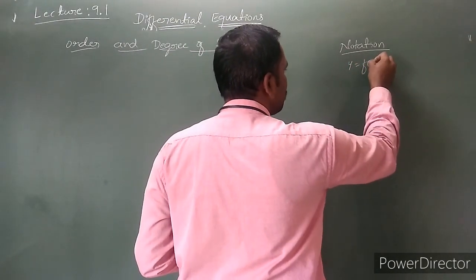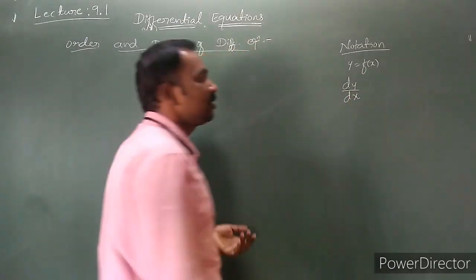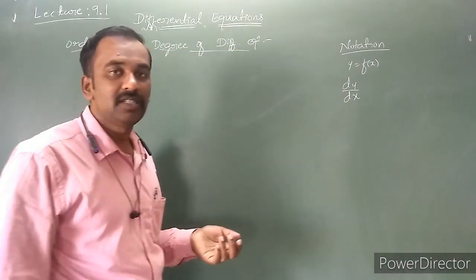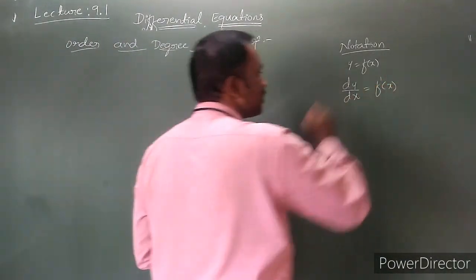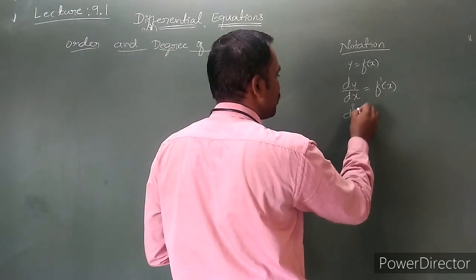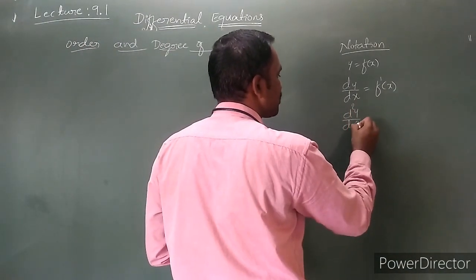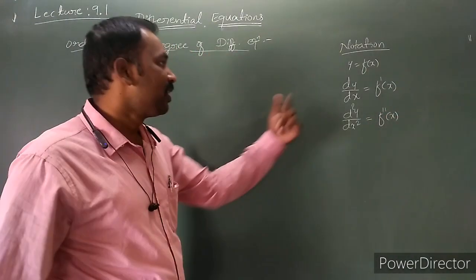Suppose y = f(x), then differentiating with respect to x, y is the dependent variable and x is the independent variable. dy/dx = f'(x). This is said to be a first order derivative. Again, if you differentiate this, d²y/dx² is said to be a second order derivative, f''(x).